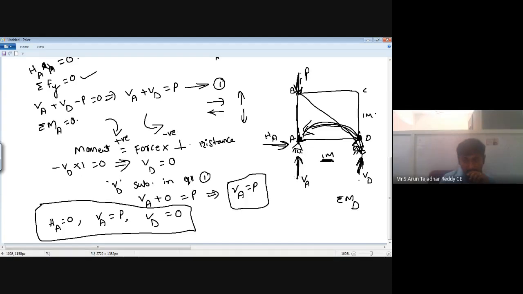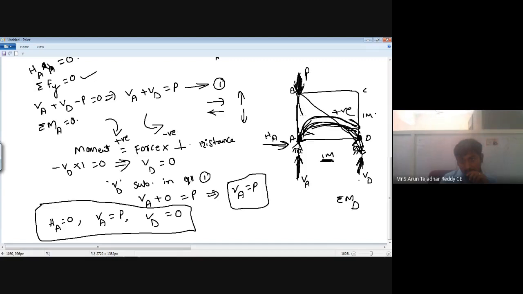Now see that direction, it is upward only, but from A to D the direction is like this. It means A to D is positive, and here this is a downward direction with D as a reference point.